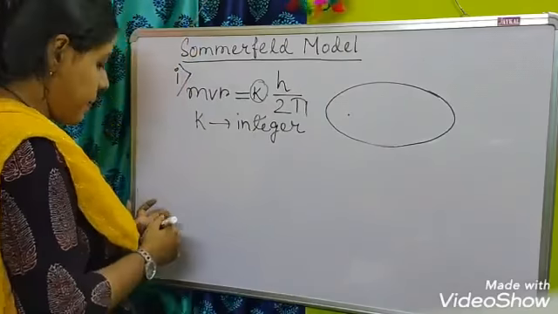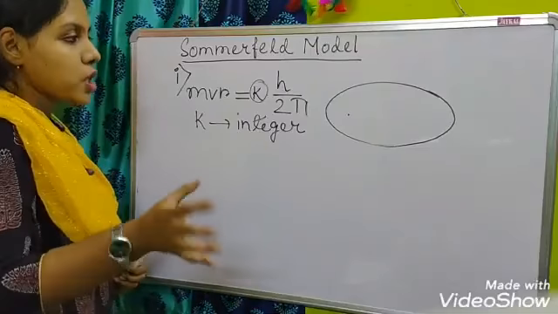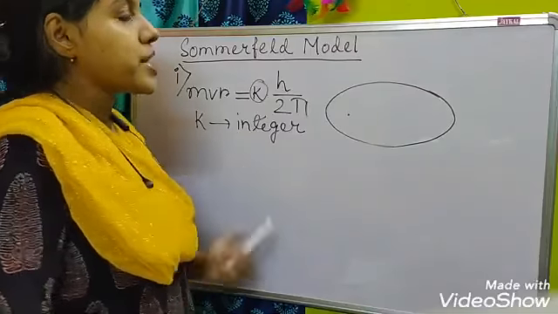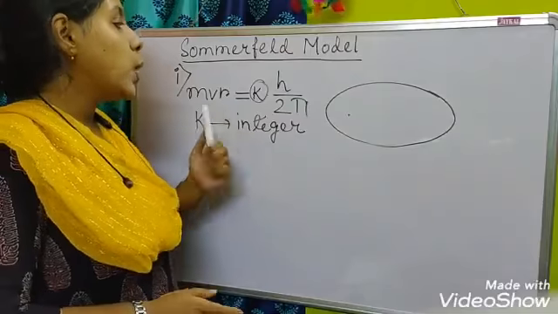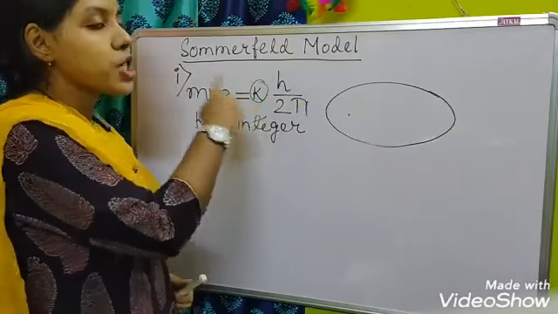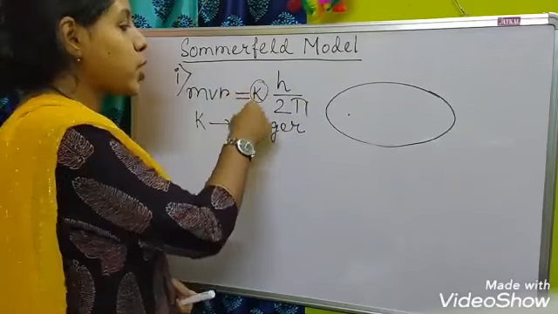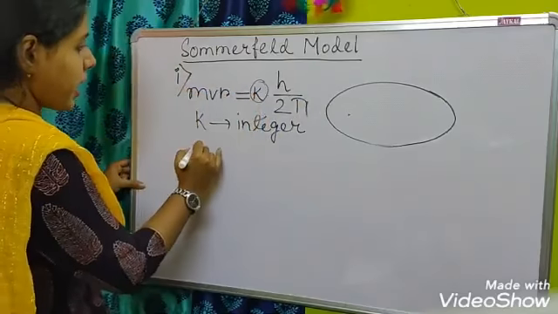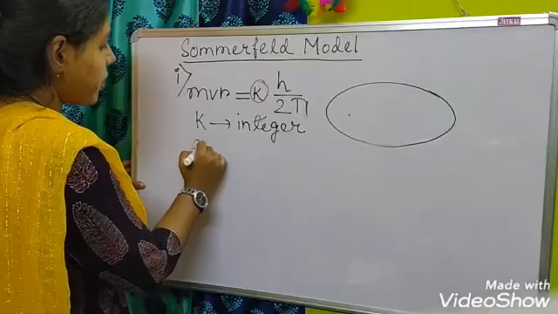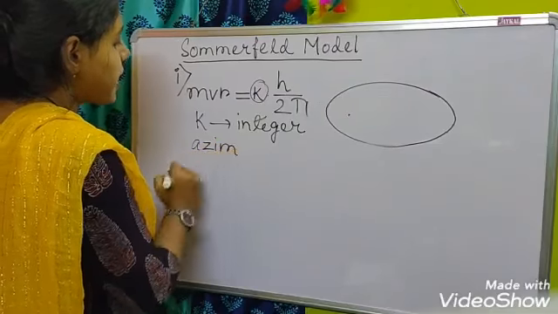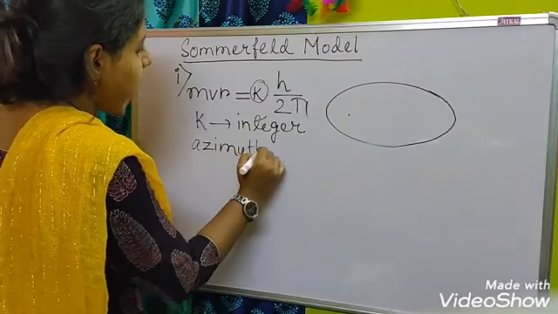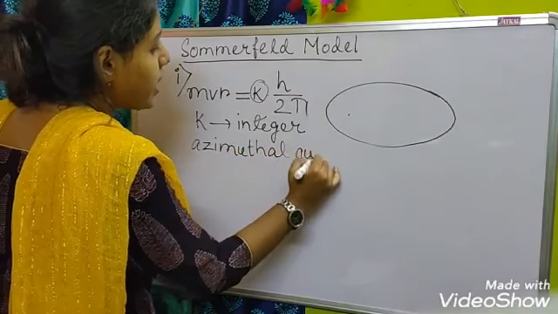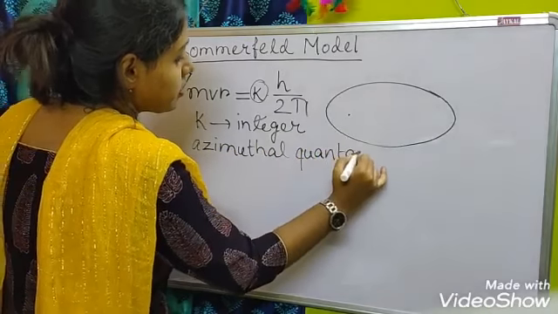k is known as another quantum number. So Sommerfeld also described the angular momentum in quantized form, because k is also a quantum number here. k is the quantum number known as azimuthal quantum number.